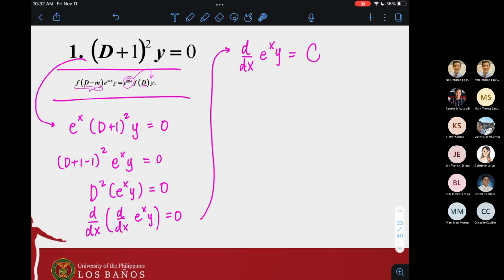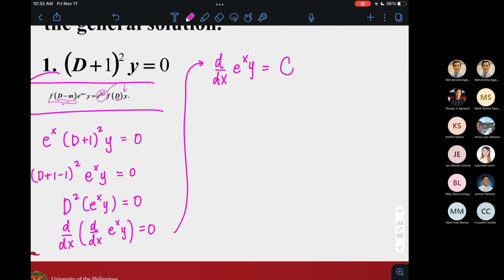Right? Tapos ngayon, separable itong differential equation na to. So pwede akong actually hindi pala separable, pero I can play with the differentials. I can write it as d of e to the x y, or the differential of e to the x times y equals c dx. And then I integrate both sides.